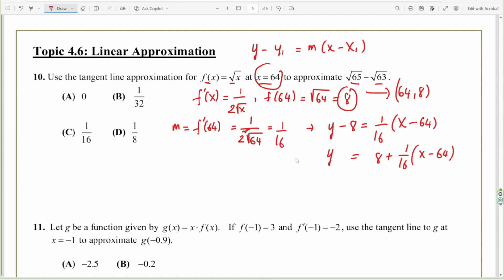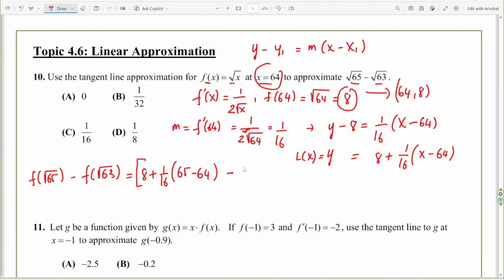So I name y as L of s, right? So I have square root of 65 minus square root of 63, right? So actually s equals 65 and 63, right? Substitute 65 and 63 for s into this expression right here. So you have 8 plus 1 over 16 times 65 minus 64, right?